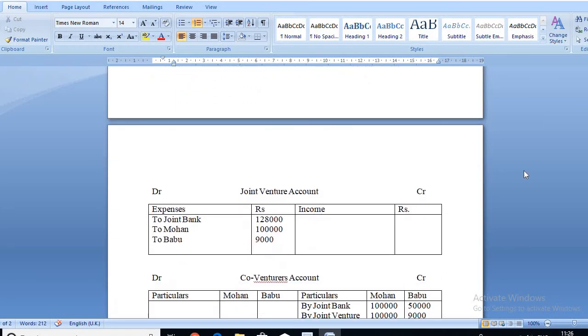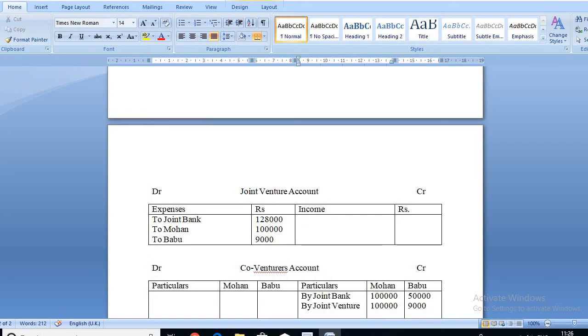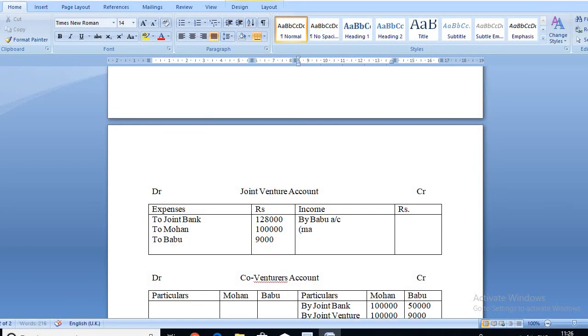So in joint venture account, on the income side, by Babu account. In brackets you can write materials taken over, if you want. How much? 12,000.